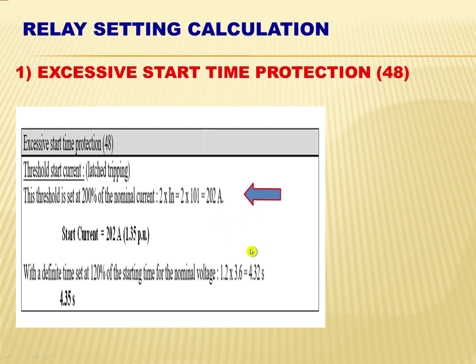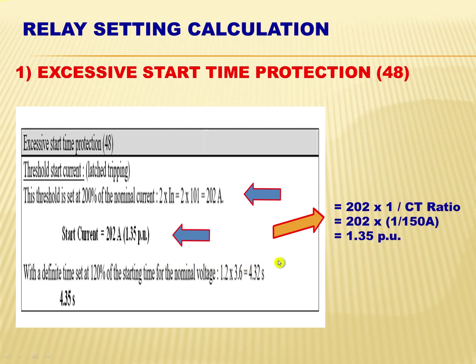Our threshold start current is 202 ampere, which is equivalent to 1.35 per unit. So how was this 1.35 per unit derived? Just multiply 202 ampere by 1 over the CT ratio. So we have this 202 by 1 multiplied by 1 over 150, that's why we have 1.35 per unit.